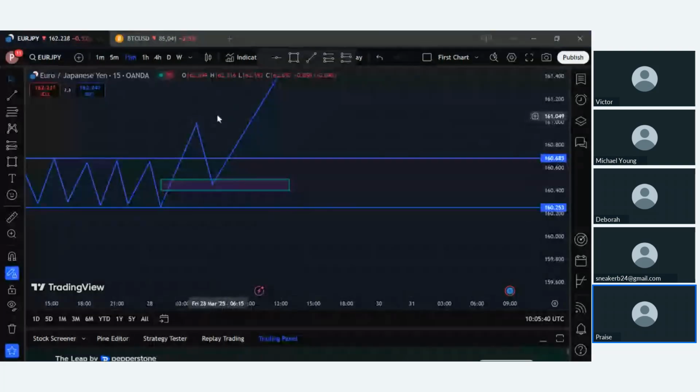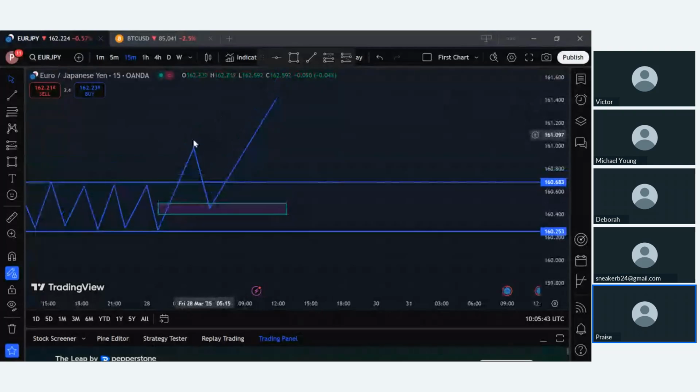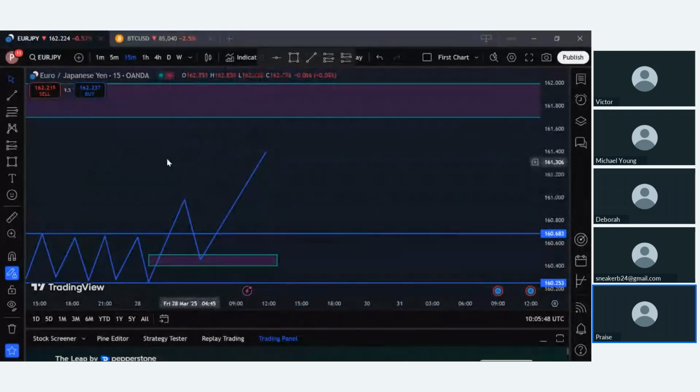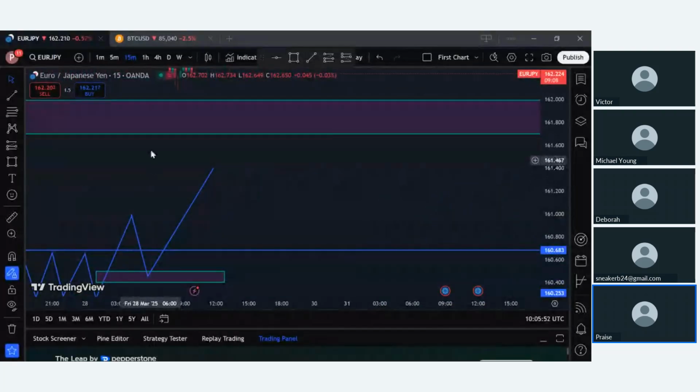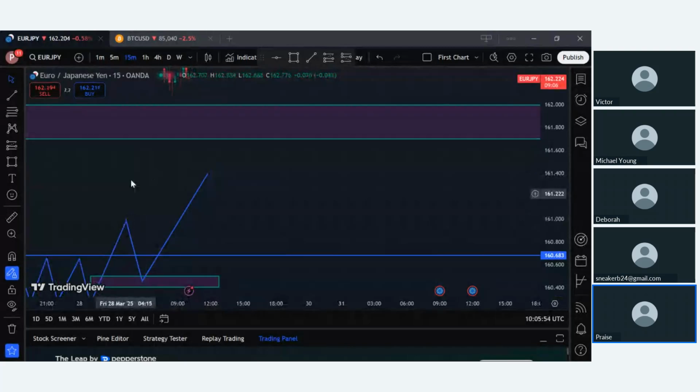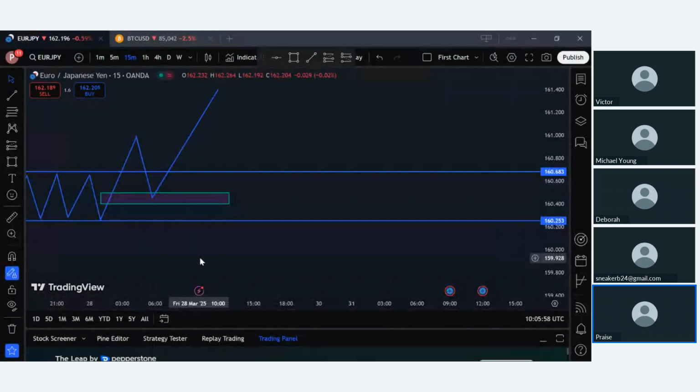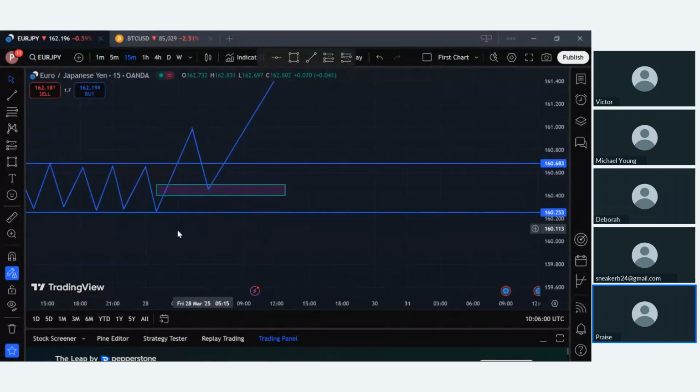And if you are taking the entry there, then you target just above this high, because since it's a new trend, you can just put your target above this, or you look backward to see if there's any point high that you can target, or just target 1 to 3, 3 times what you are risking, and put your stop loss below this range. Just put your stop loss below the range.